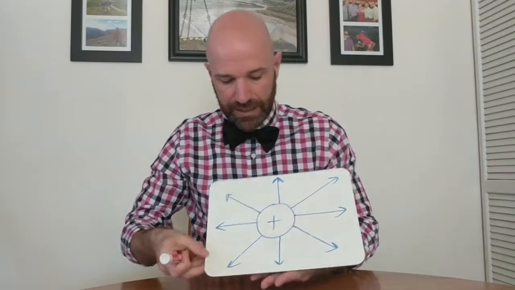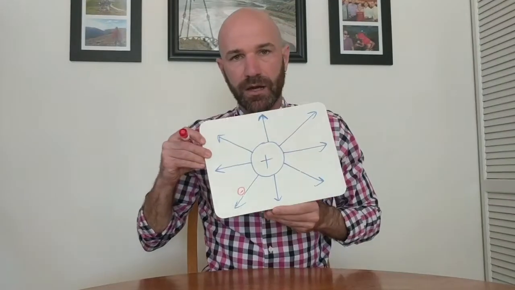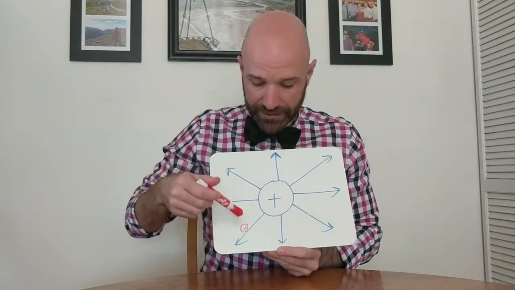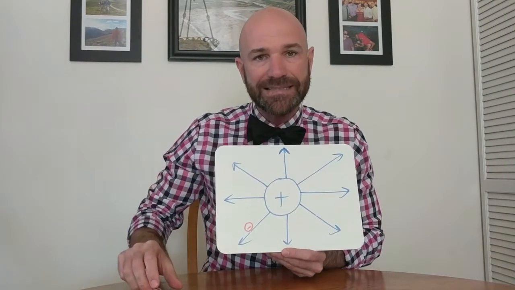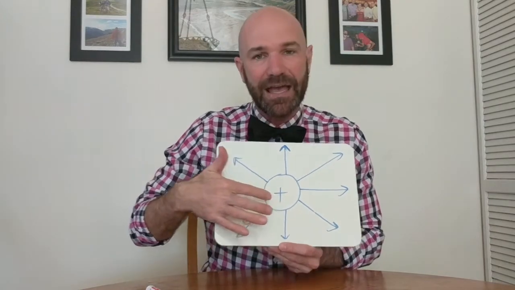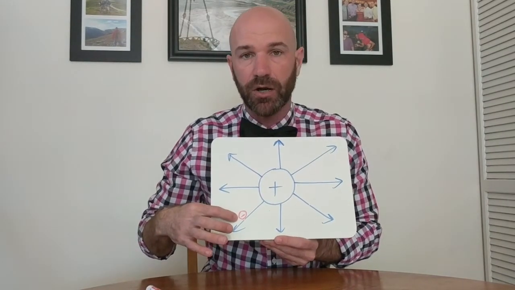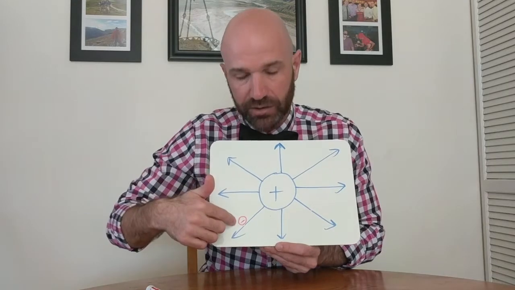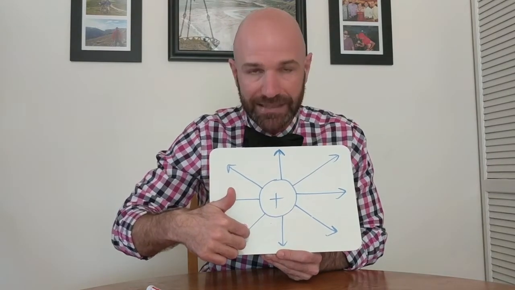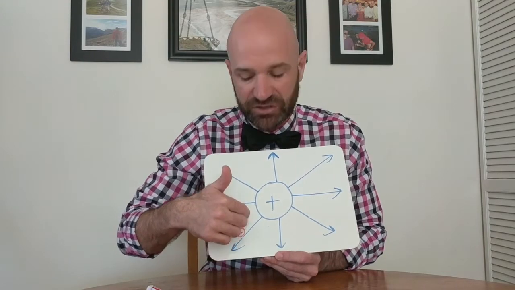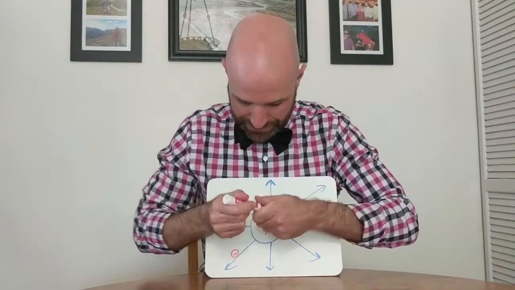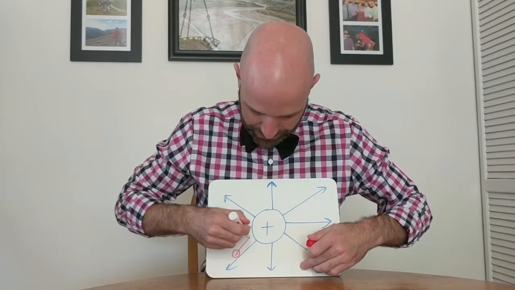So if we have an electron placed right here, we know that the electron is going to be attracted to the proton. But it's not the proton that acts directly on the electron. What acts directly on the electron is the electric field in that spot. This electric field exerts a force on the electron that will make it go this way.